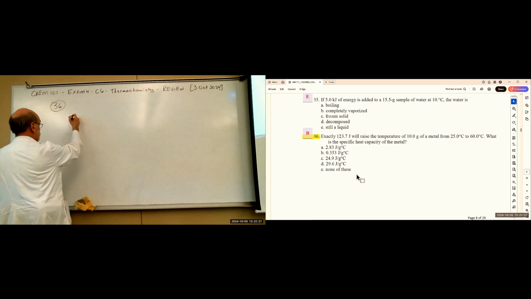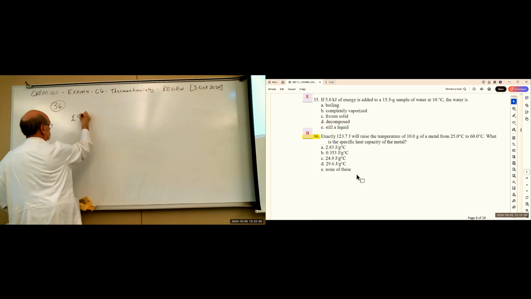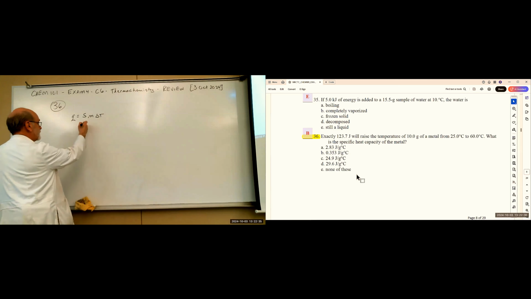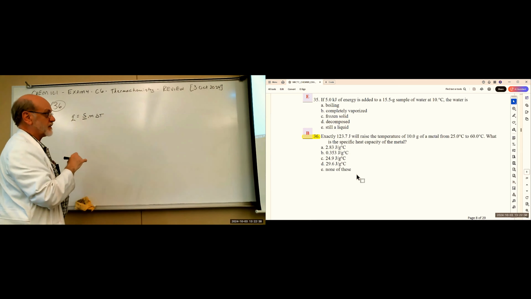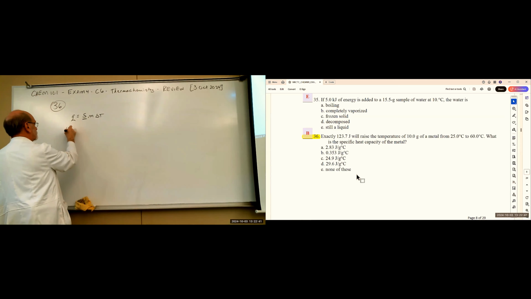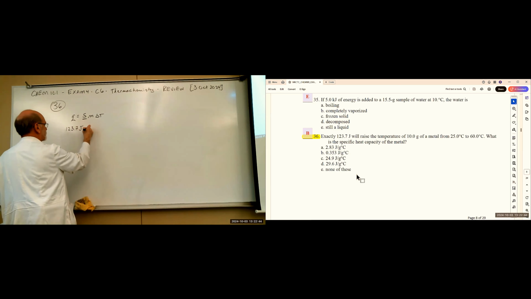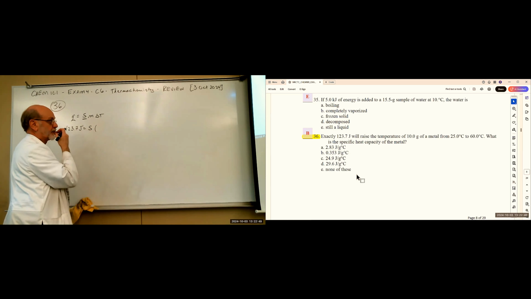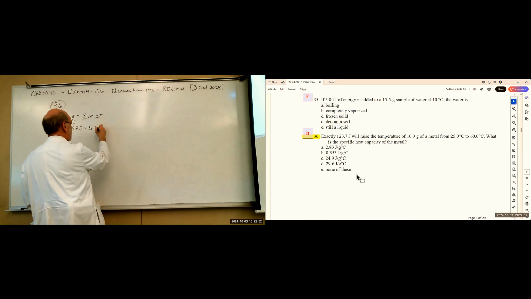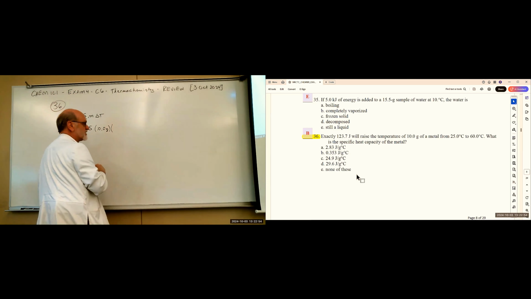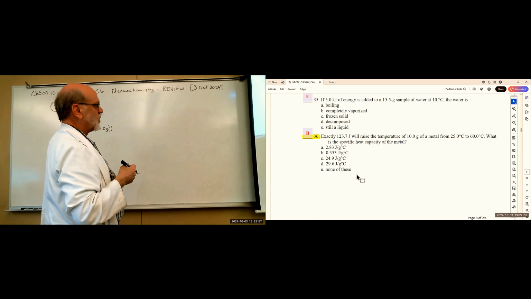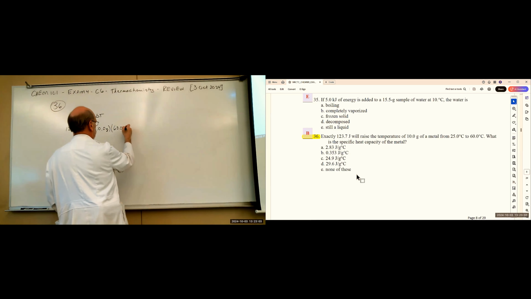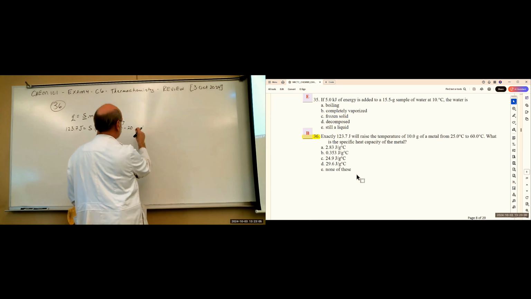This is one where you only need that equation, because it asks you for this value right here, and it gives you the amount of heat, 123.7 joules, equals our unknown times our mass, 10 grams, and the change in temperature. So from 25 to 60, 60 is final, minus 25.